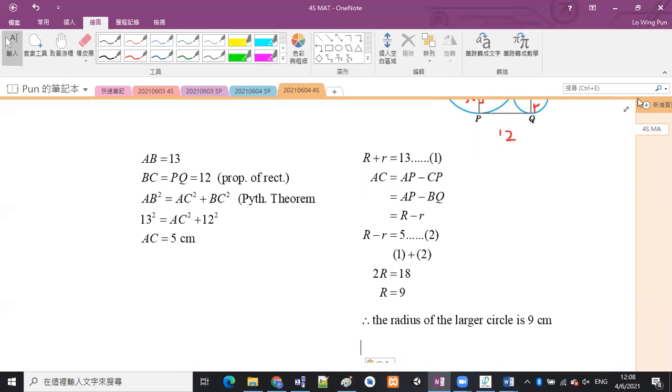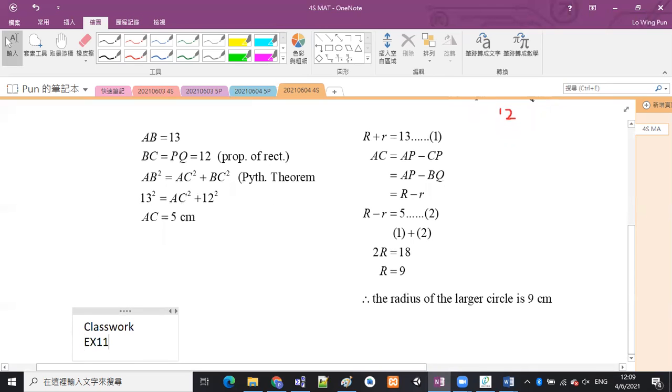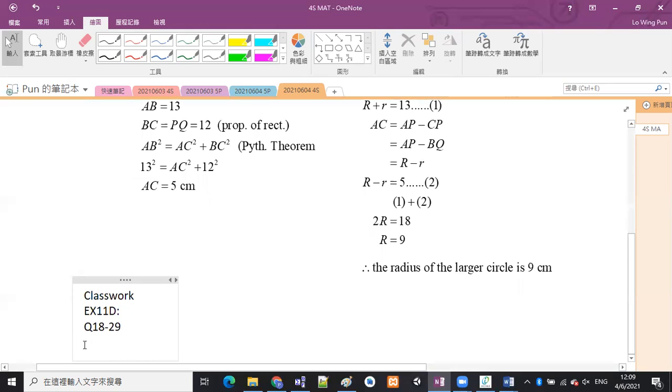It should be exercise 11D. Let's do the level 2 problems.